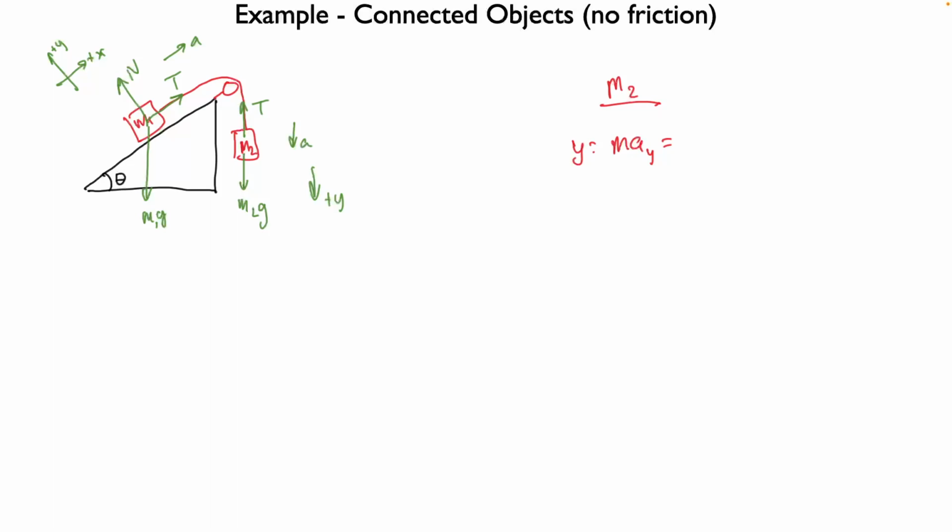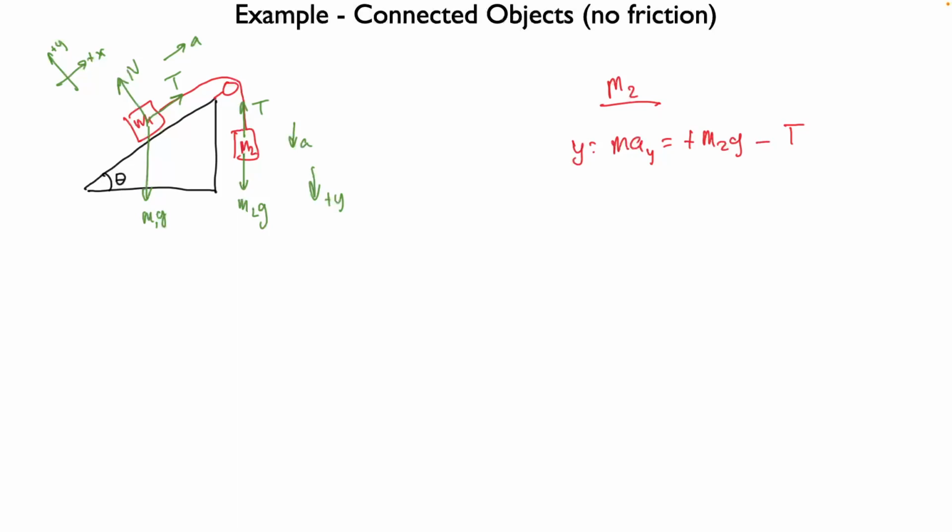What are they? M2g and T, right? What direction does M2g point? Is that positive or negative? It's positive, and your body and your brain went, this can't be right. It doesn't feel good. Look at your coordinate system. Down is now positive. Tension pointing up is negative.